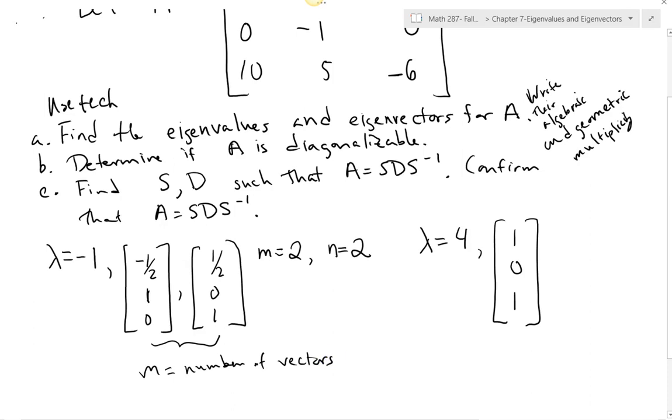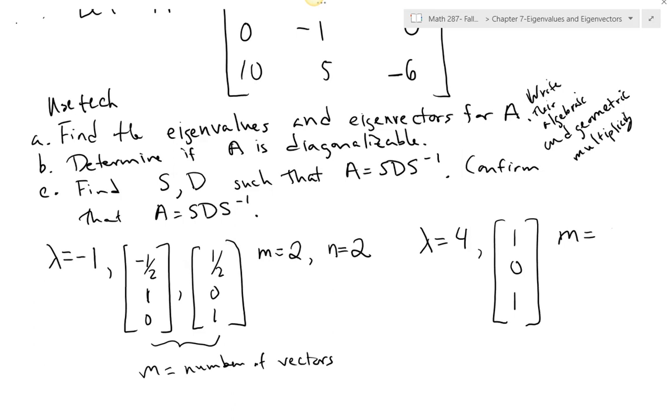And then what is M, our algebraic multiplicity for 4? What do you think, Richie? It's the degree of the factor inside of the characteristic polynomial.